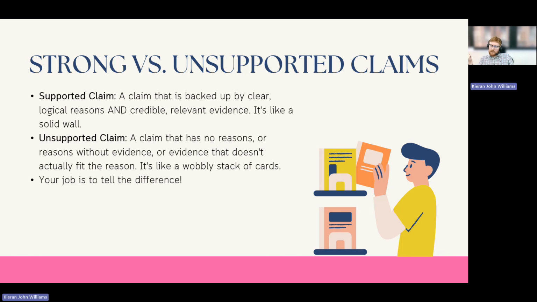It's unstable, like a house of cards. Our task as readers is to recognize the difference. We should be able to say, yes, this argument stands up to scrutiny, or no, this one falls apart because it lacks any kind of evidence or support.